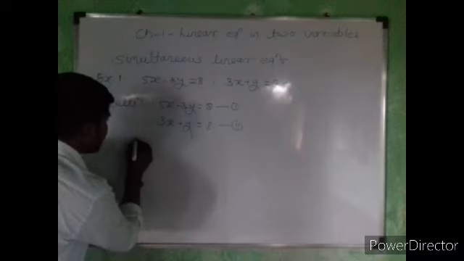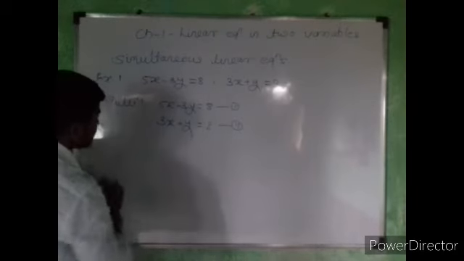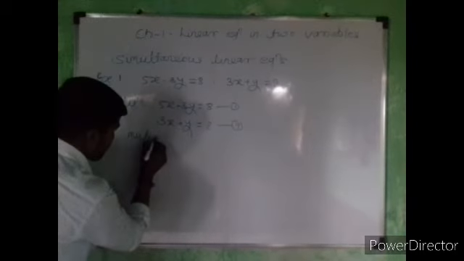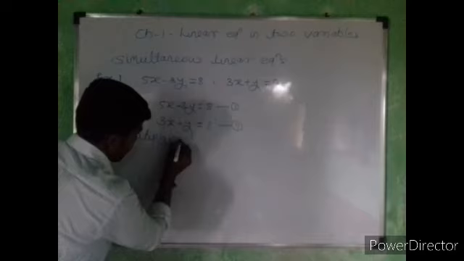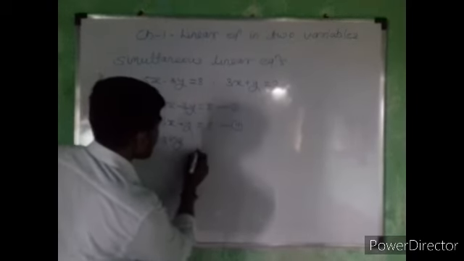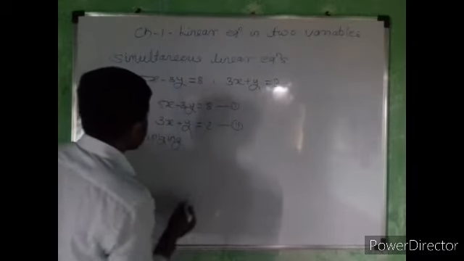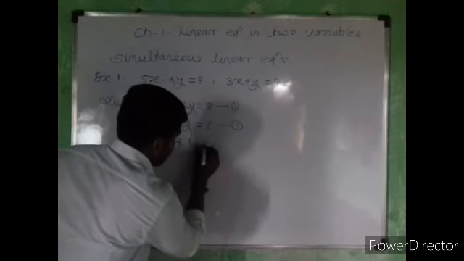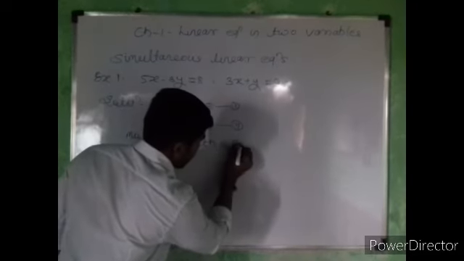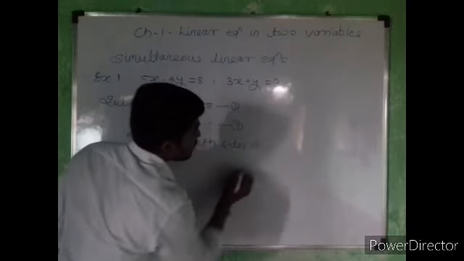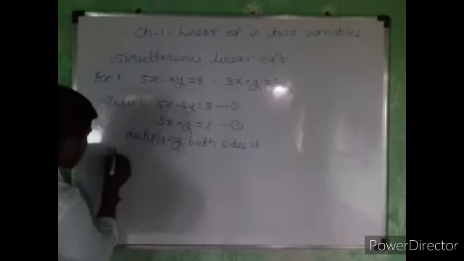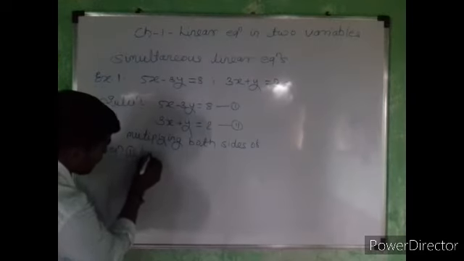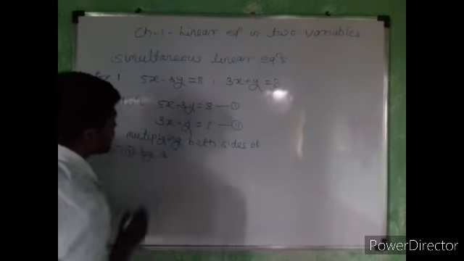So firstly, multiplying both sides of equation 2 by 3.